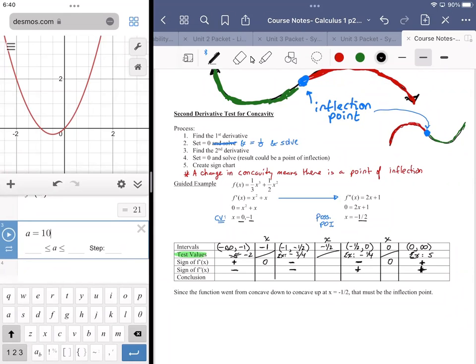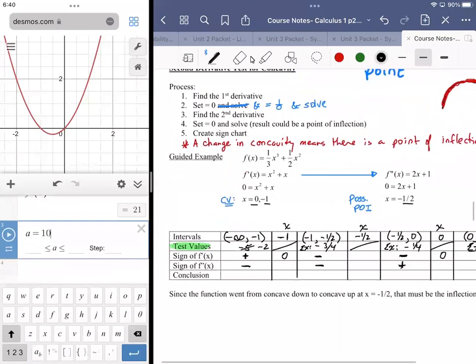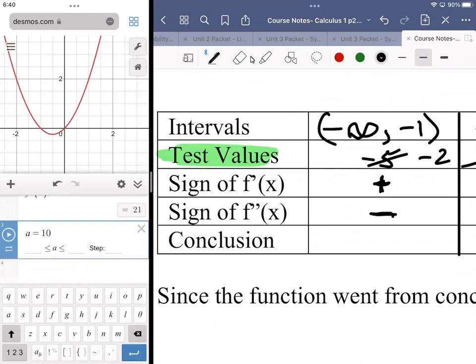Now we can start drawing some conclusions, because if the first derivative is positive, that means the function is increasing. All right. The sign of the second derivative matters.